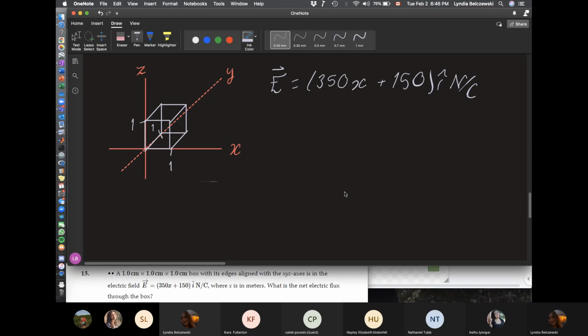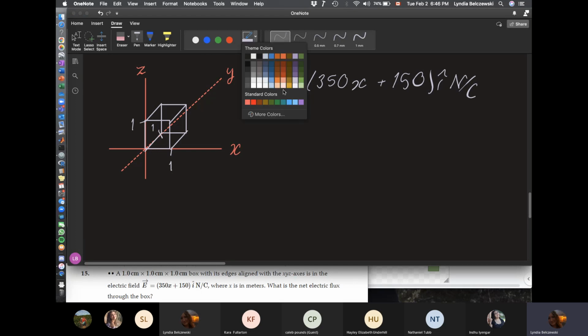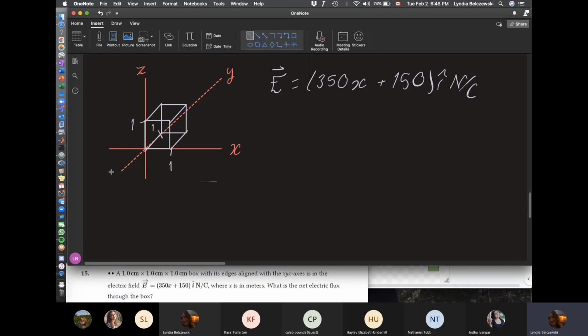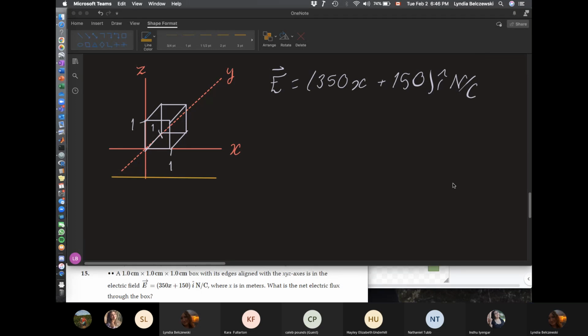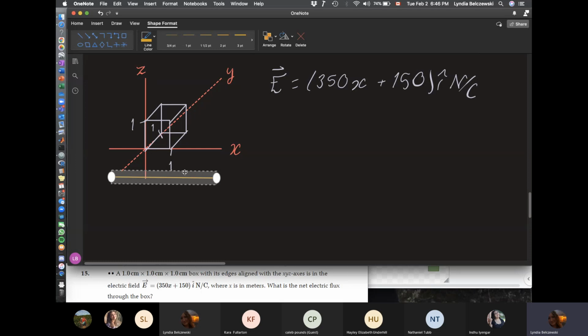So the electric field lines are then only pointing, the way I've drawn it here, only pointing to the right. Okay, so here's some electric field lines. I won't add too many, but they're all in the X direction.